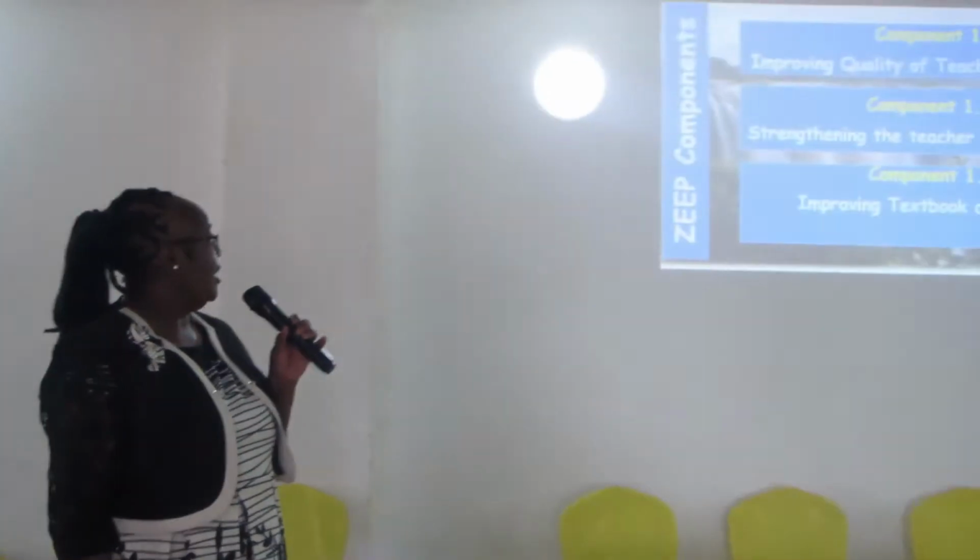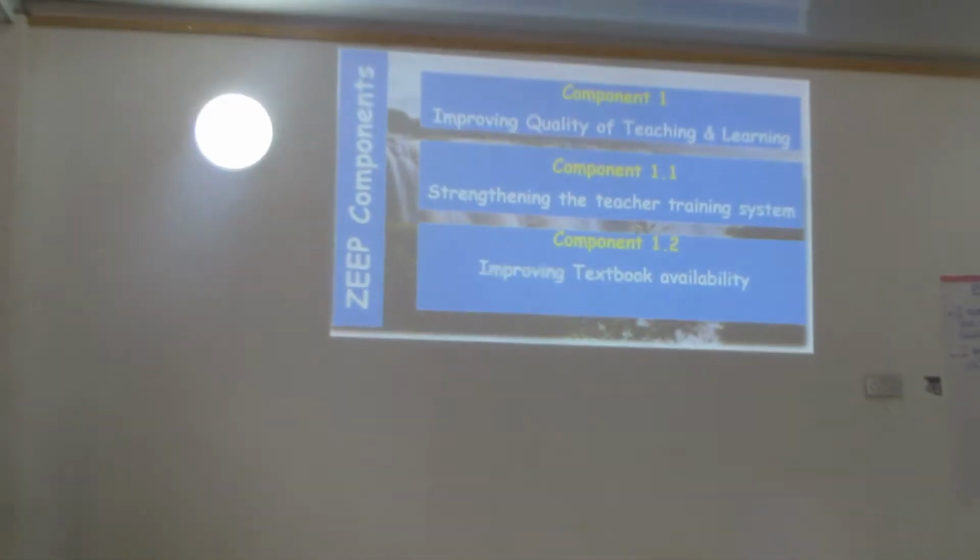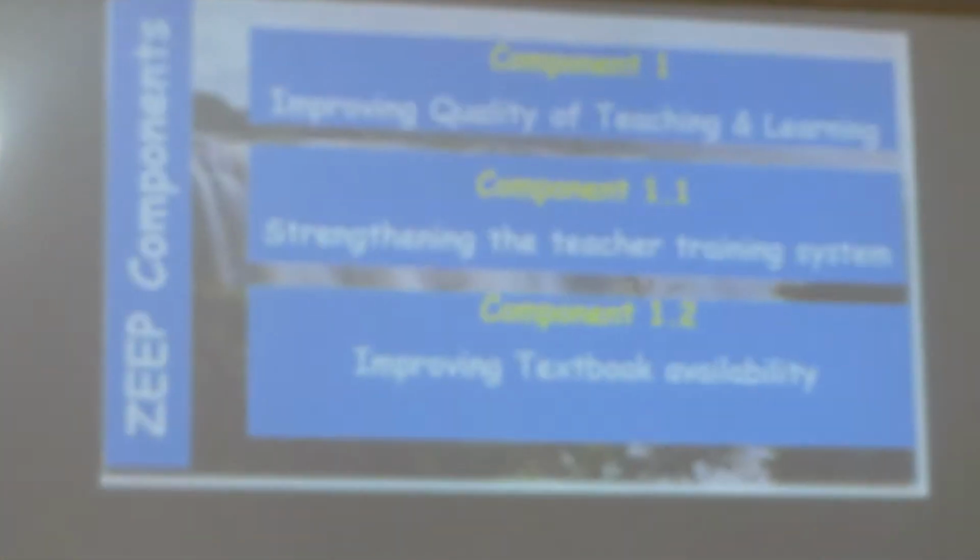The project has three components, and we have component 1, which looks at how to improve the quality of teaching and learning, and it's broken down into two sub-components. The first sub-component is called teacher quality, and that's where I'm a coordinator.